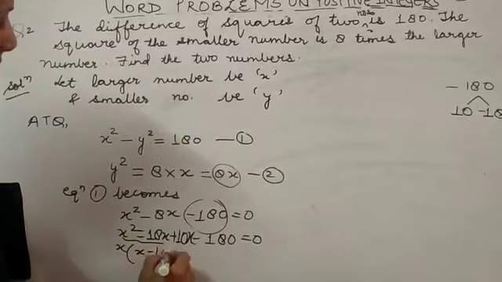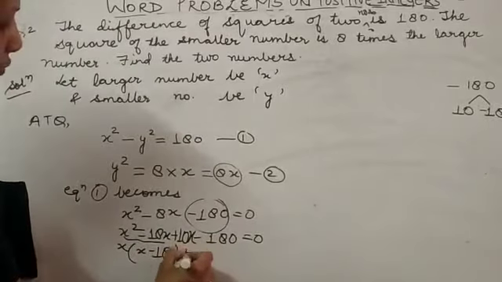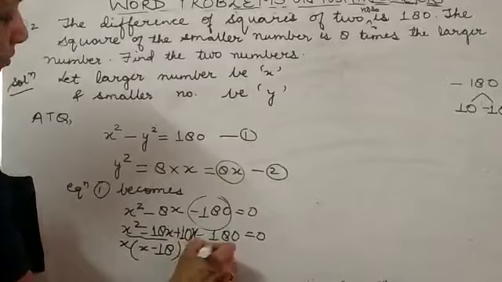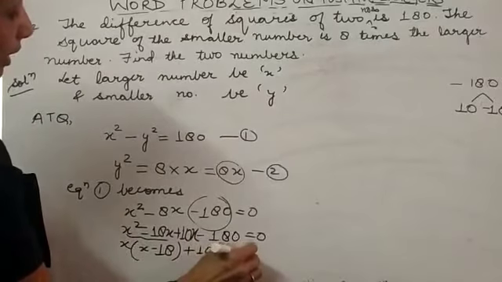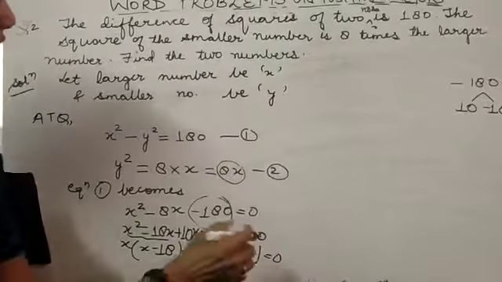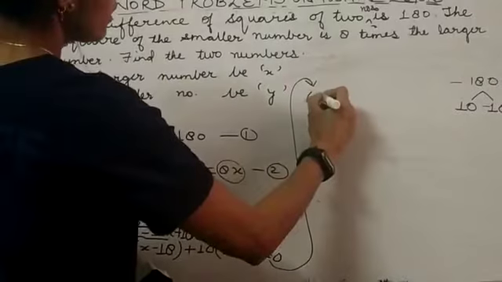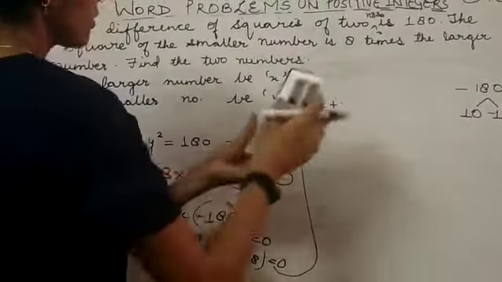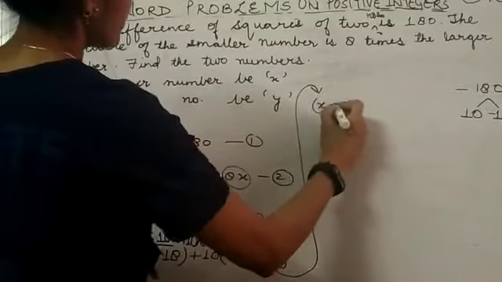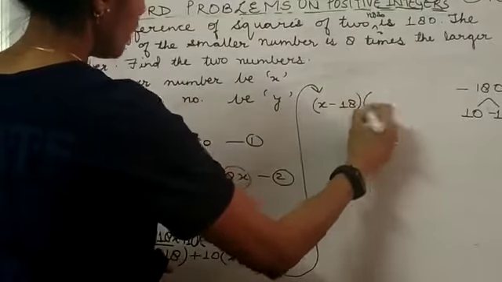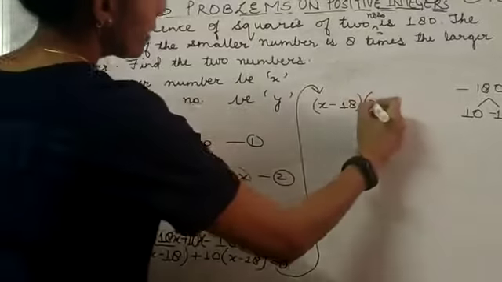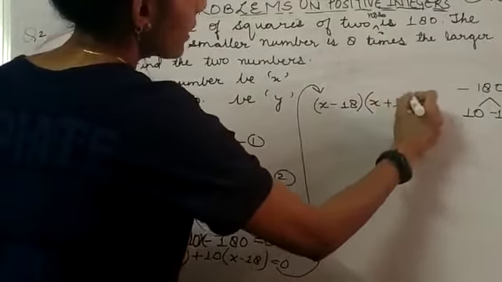Now out of these two I can take x common, so it will give me x minus 18. Out of these two, I can take 10 common, and this will again give me x minus 18 equal to 0. Solving it further, x minus 18 is common, and I can also write x plus 10 in the bracket.